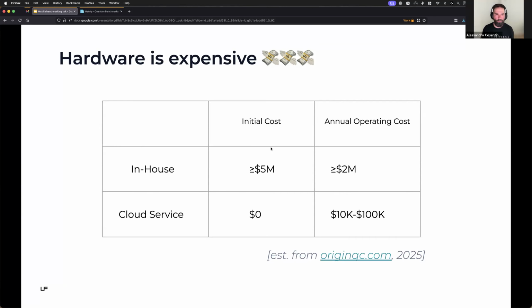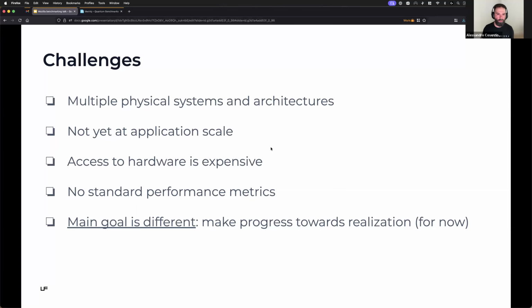So we are talking about very expensive machines, and that's one of the challenges of making them more accessible, because every time you run a benchmark, you are going to pay that money.